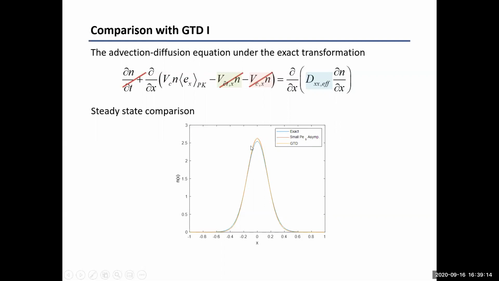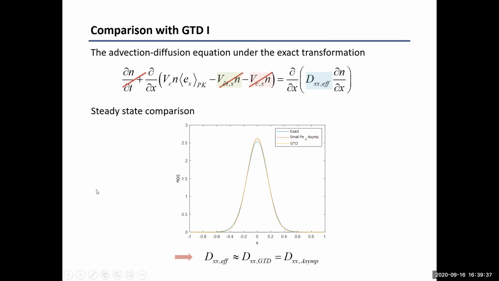I have to remind you that all three use the same advection term here, the drift term. So what it means is that this effective diffusion coming directly from the Smoluchowski equation is similar to the one coming from generalized Taylor dispersion theory and our asymptotic model.